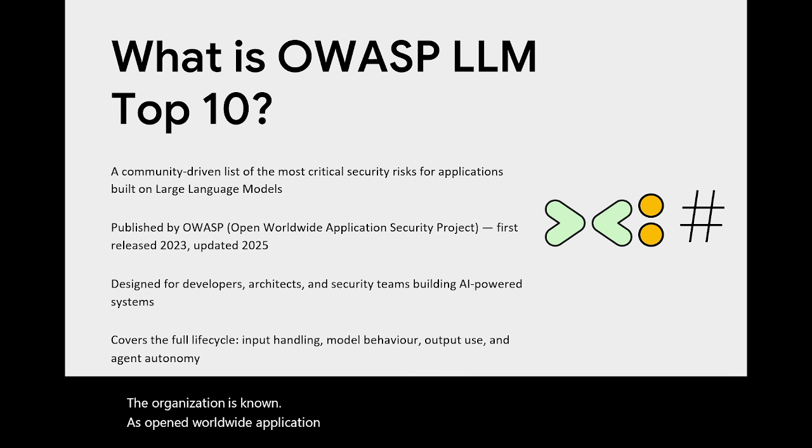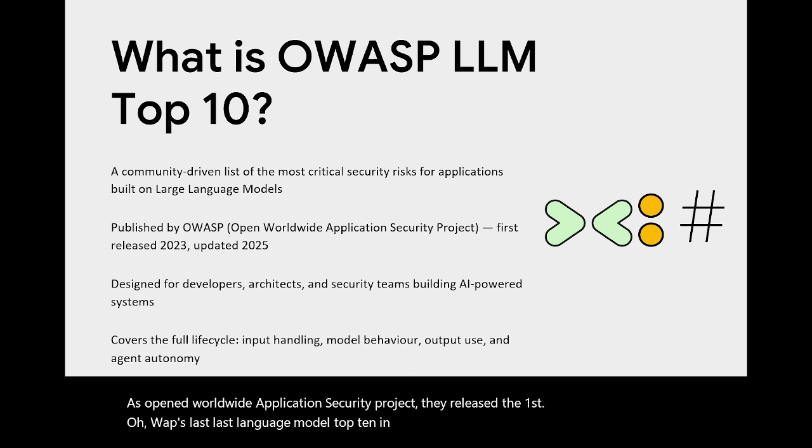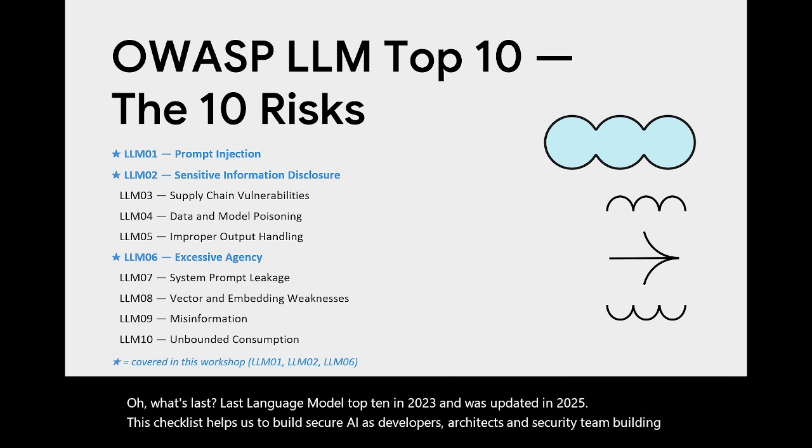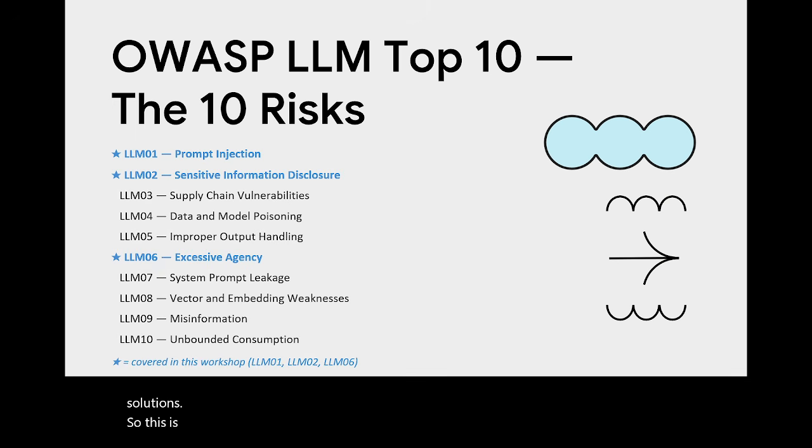They released the first OWASP large language model top 10 in 2023, and it was updated in 2025. This checklist helps us to build secure AI as developers, architects, and security teams building AI solutions. This is the security checklist of the top 10 risks in building, integrating, or adopting large language models.